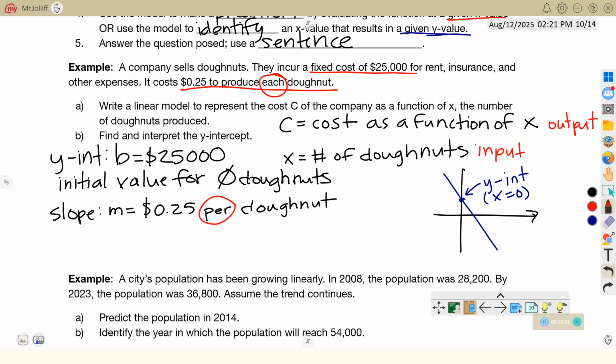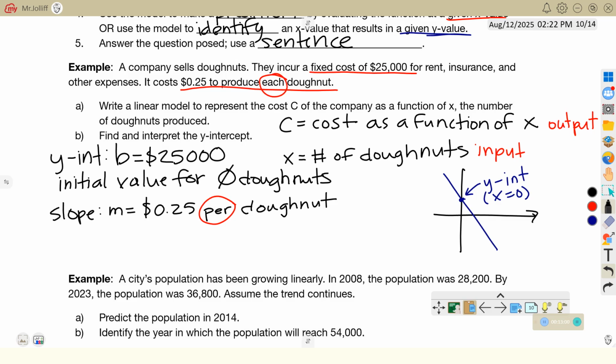Okay, now the tricky part. Now that I have the numbers, what does my equation look like? What is my output variable?